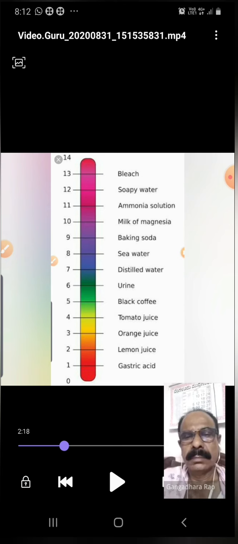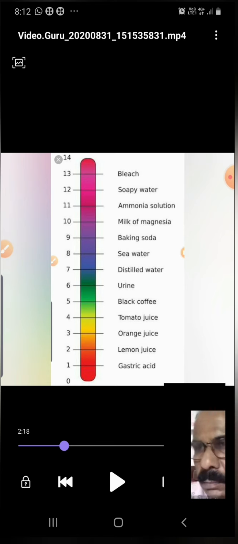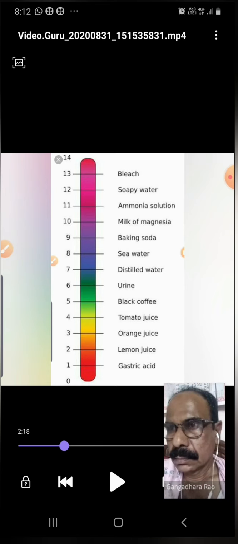Now, how to identify the pH? From 0 to 7, they are called acids. From 7 to 14, they are called bases. As you see, gastric acid, lemon juice, orange juice, tomato juice, black coffee, urine, all these are acidic mediums.